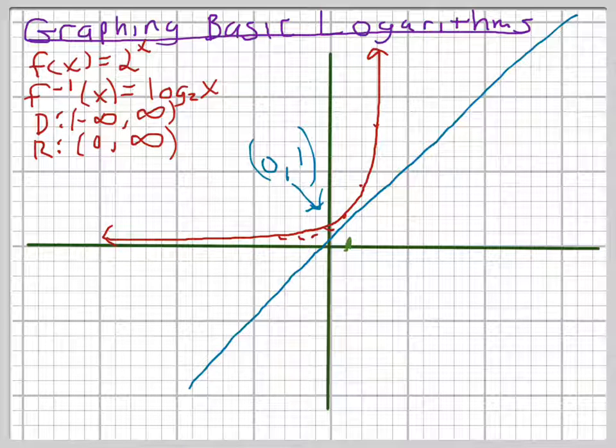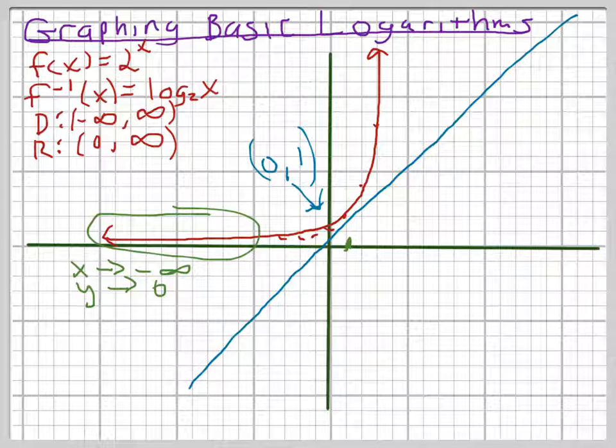Now you notice what else happens here. Out here we said as x goes to negative infinity, y goes to 0. And the cool thing is, for inverse functions, guess what that means for the logarithm? I could just flip those two.